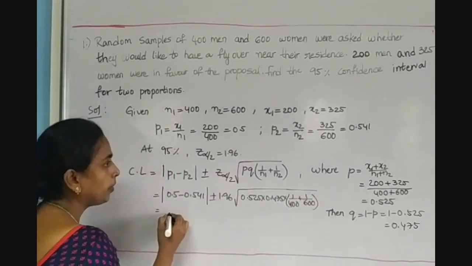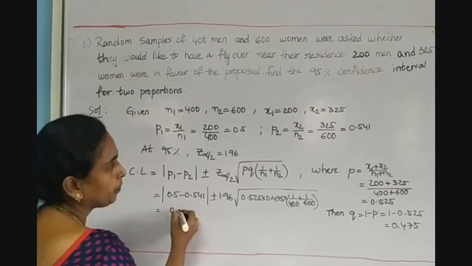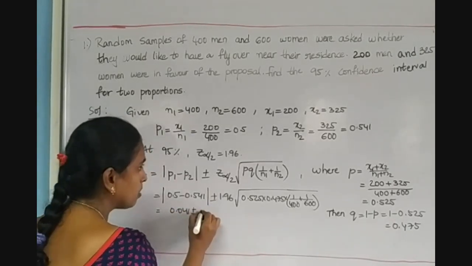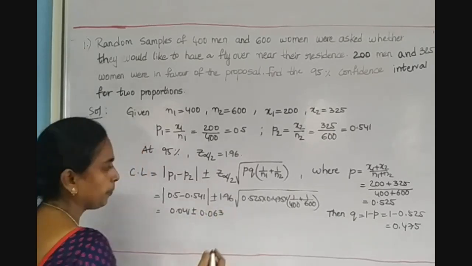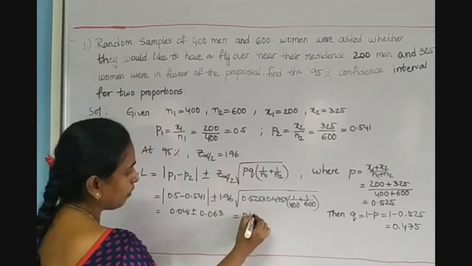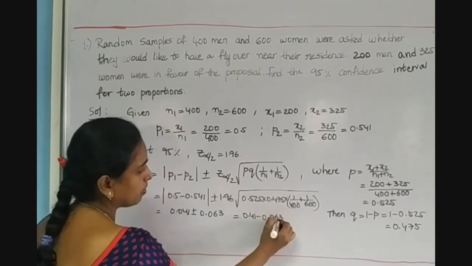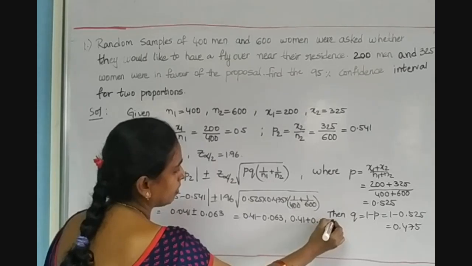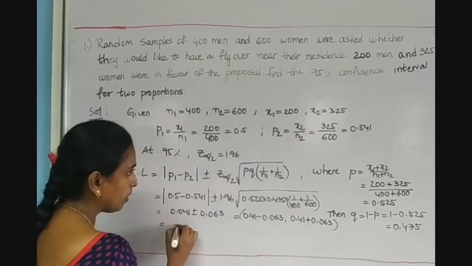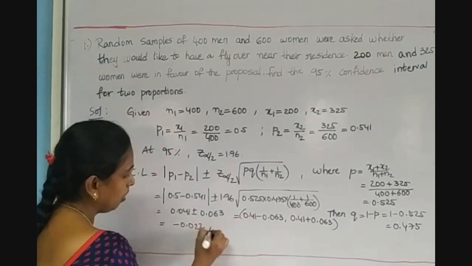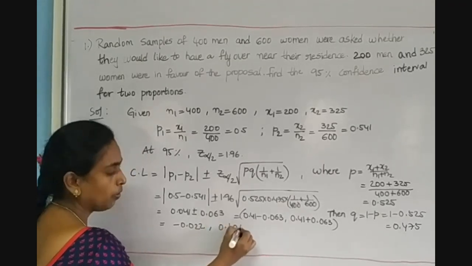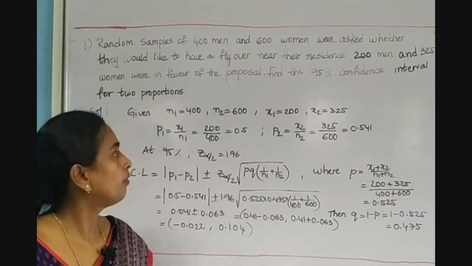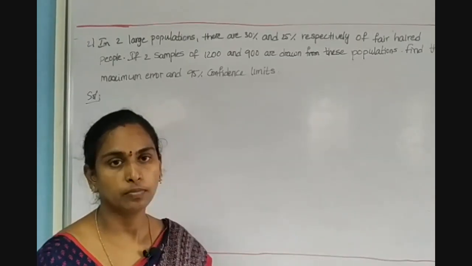Which is nothing but 0.041 plus or minus 0.063. So that is 0.041 minus 0.063 comma 0.041 plus 0.063, which is minus 0.022 comma 0.104. These are the required confidence limits for two proportions.